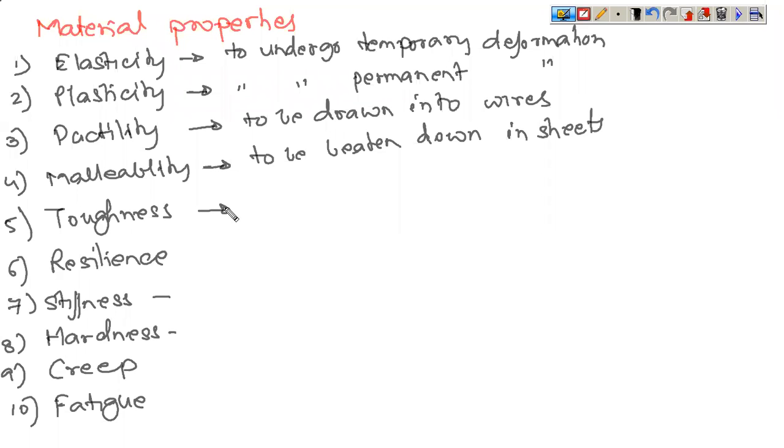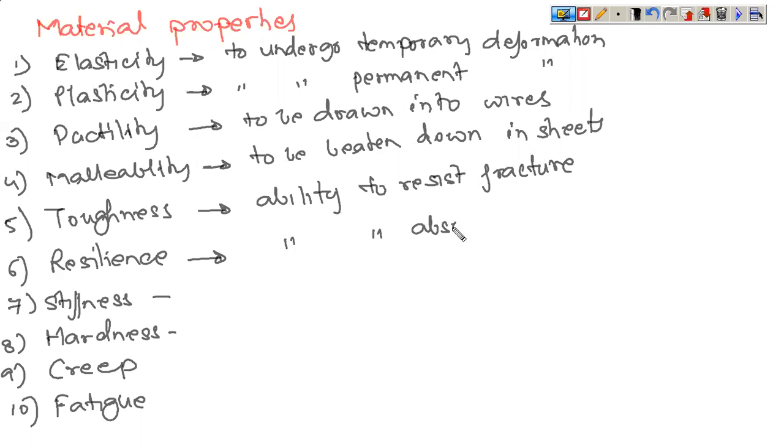Now, toughness is the ability to resist fracture. Resisting fracture means if you are applying a certain amount of load on it, how long will it be able to sustain that load without undergoing fracture? Okay. Now, resilience means the ability to absorb energy.